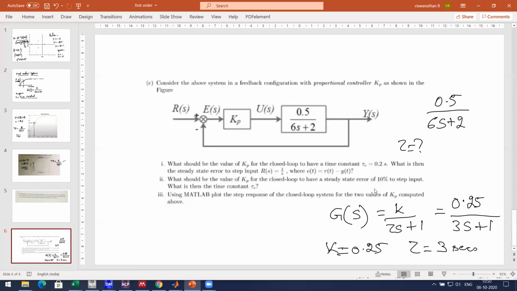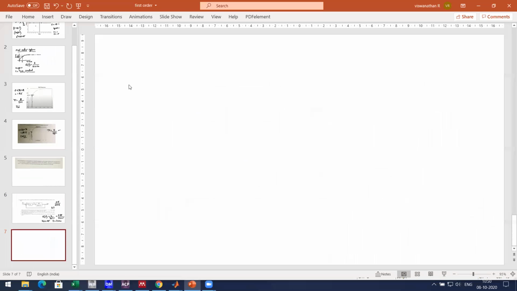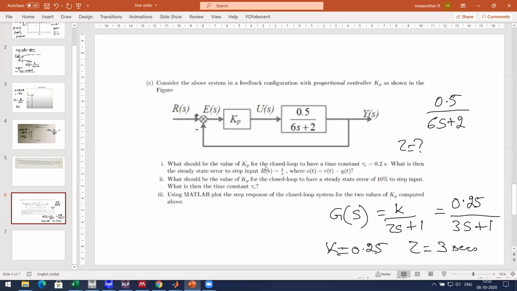How do you do this? What is the closed loop transfer function? He is asking for the closed loop. What is the closed loop transfer function for this system?